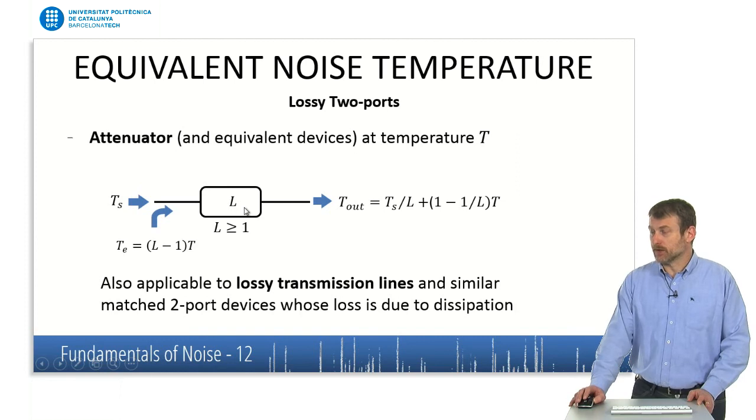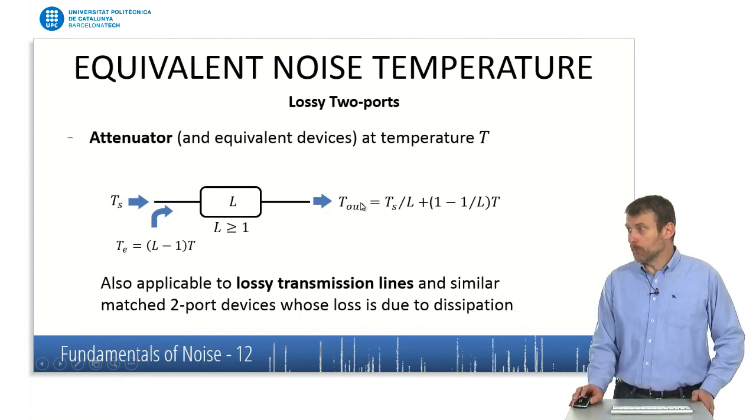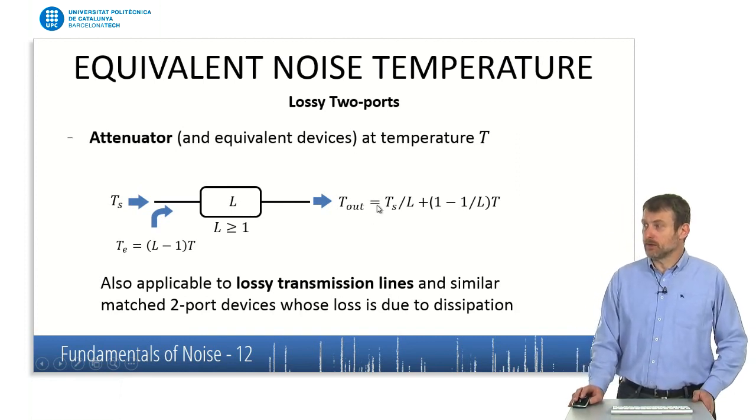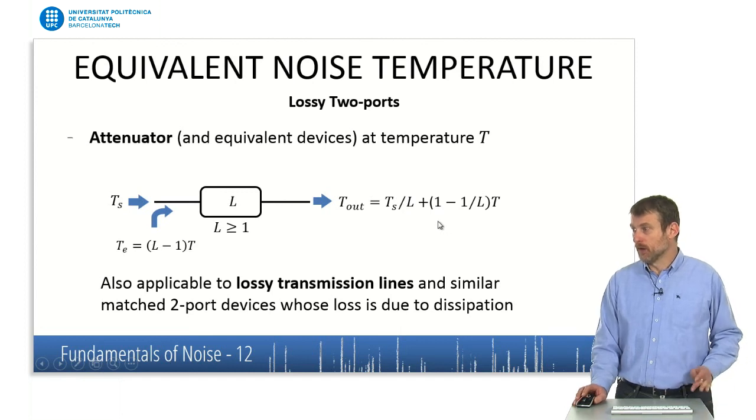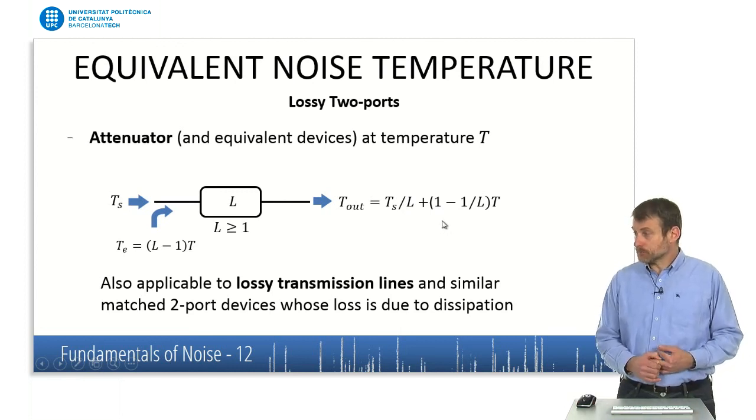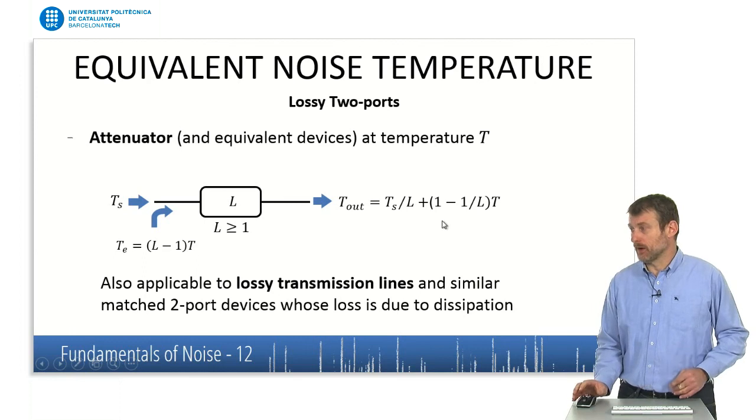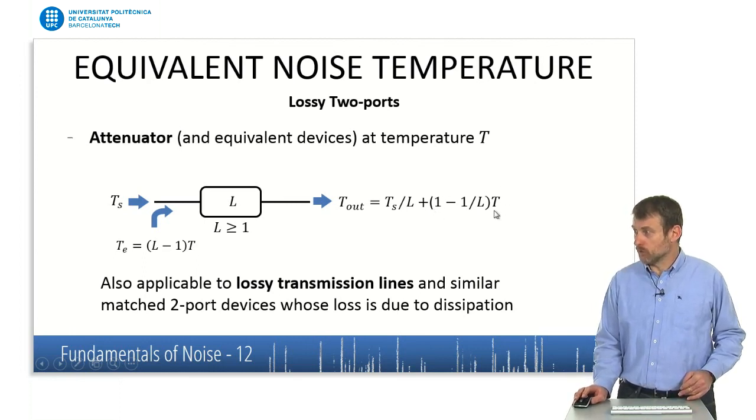Now, in this case, the output temperature of the device is equal to whatever comes from the source divided by L plus some additional noise, right, given by this quantity. Now, there's a thermodynamical argument that gives you that this additional noise has to conform to this value.